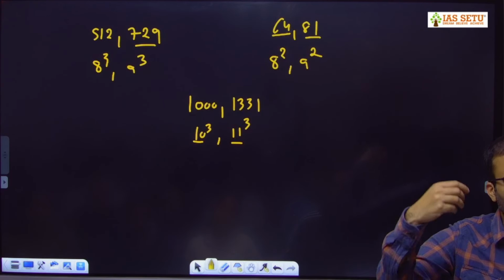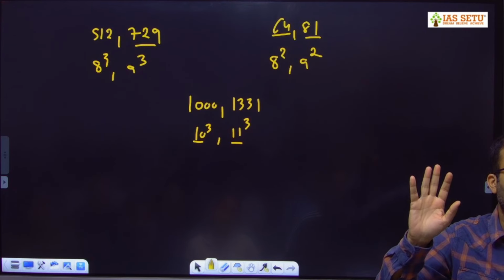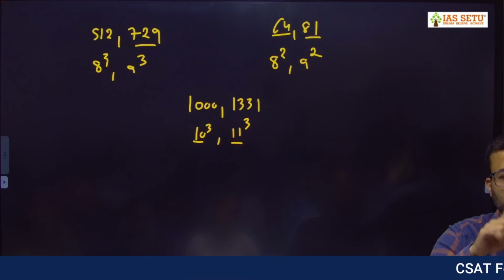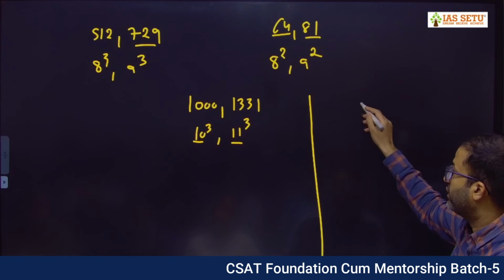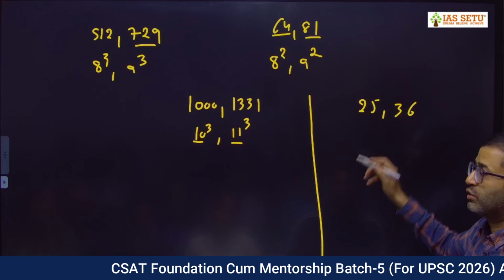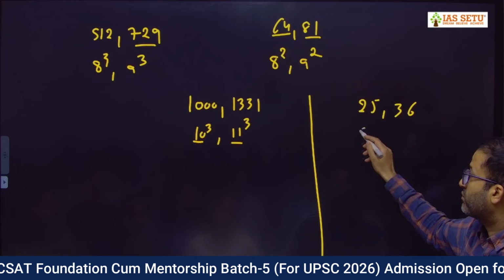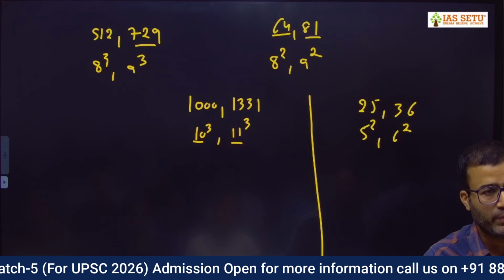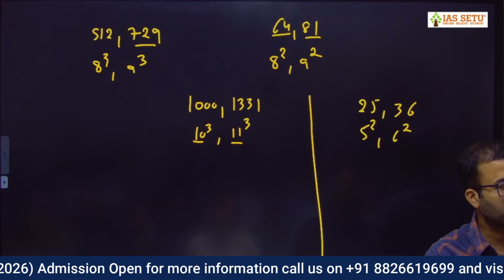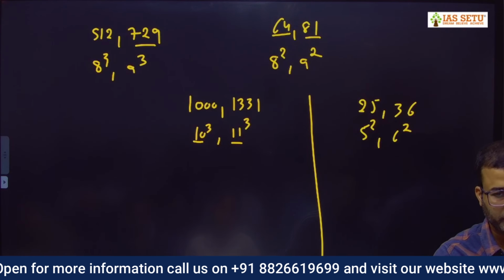So 10 cube and 11 cube have to be co-prime. No need to waste your energy checking all the factors. If I ask whether 25 and 36 are co-prime, this is 5 square and this is 6 square. You know 5 and 6 are co-prime, so 25 and 36 have to be co-prime.